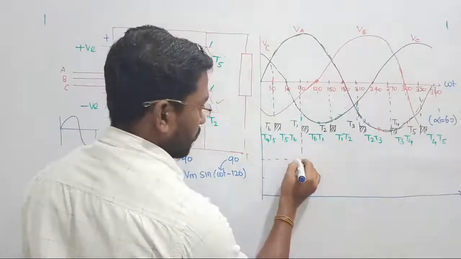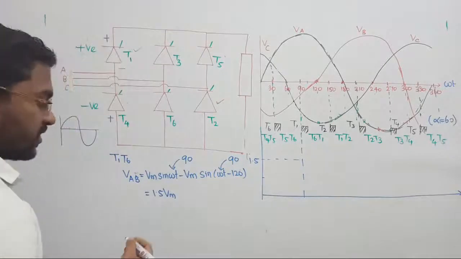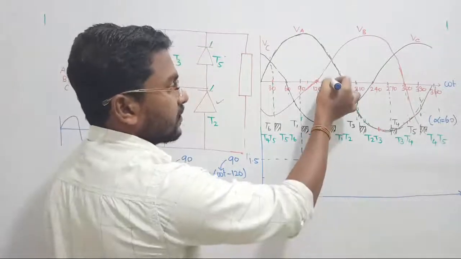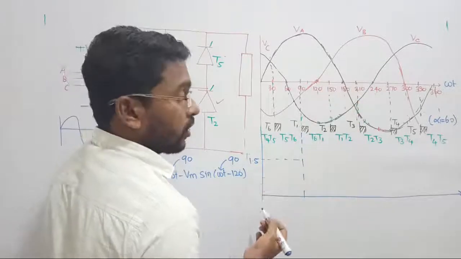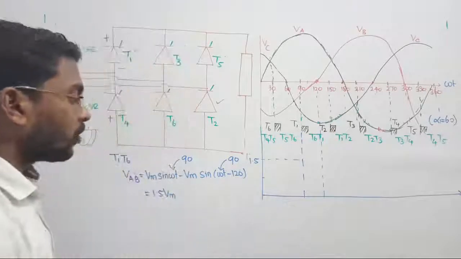At this point we are getting 1.5. Next, let us see what happens. Select an intermediate point. The next thyristor, T2, will be triggered at 150 only. I would like to know the intermediate value, so I am selecting omega t equal to 120.